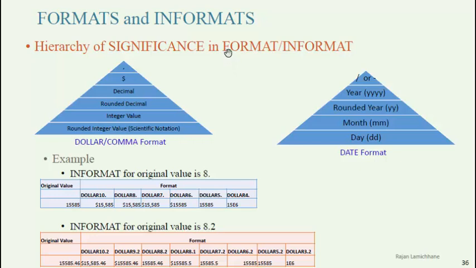So it is removed from top to bottom. For example, let's say we have the original value 15,585, and if we use the $10 format, then you have all these here, and it adds more space in front of it.